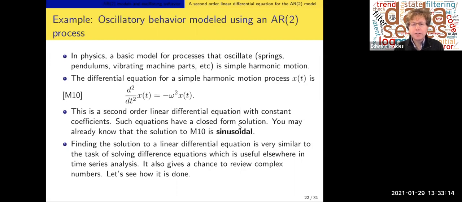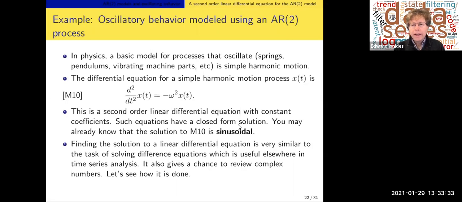The differential equation for simple harmonic motion is the second derivative with respect to time of x of t is minus omega squared x of t. We'll call that M10. It's a second order linear differential equation with constant coefficients.